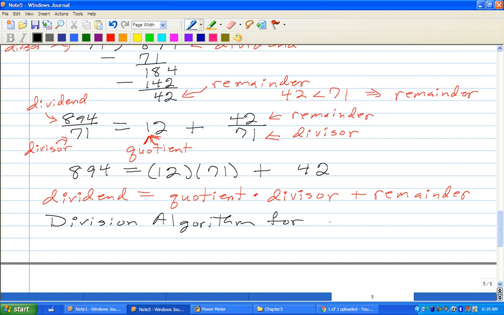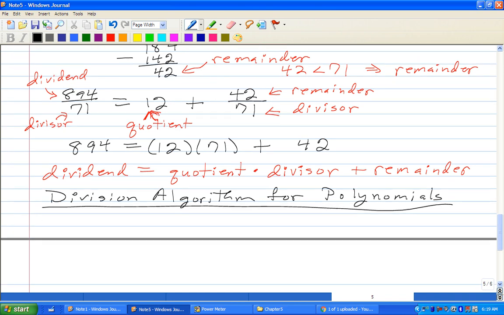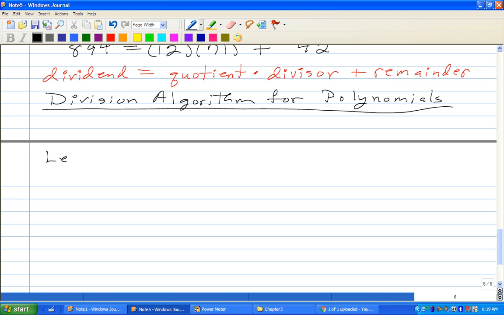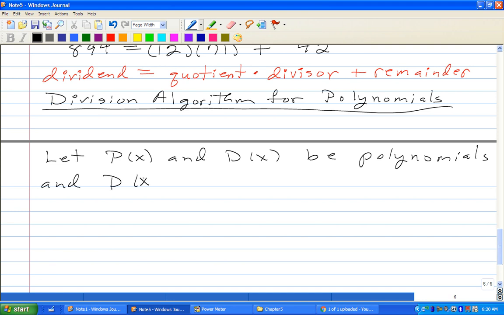for polynomials. Okay, so let p of x and d of x be polynomials. And suppose that my divisor is not 0.